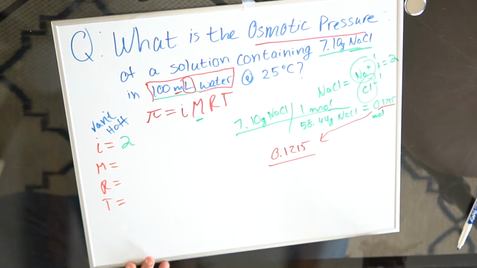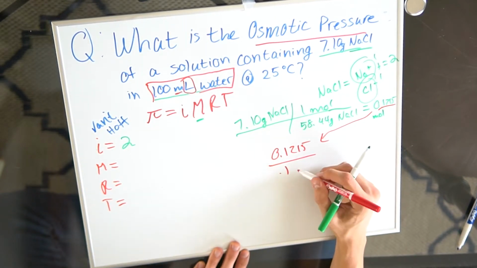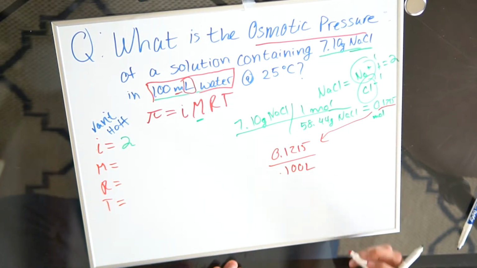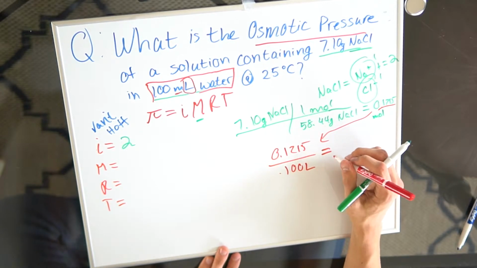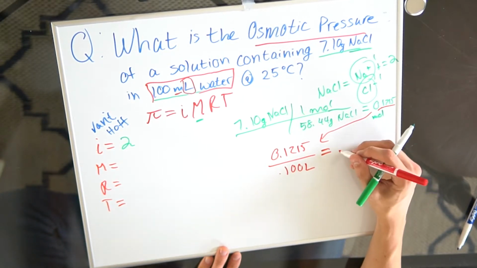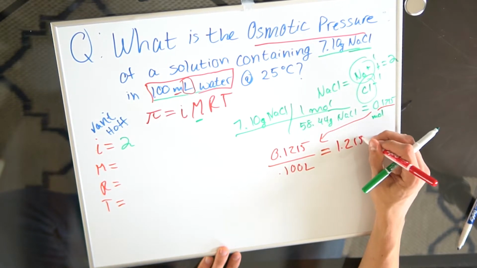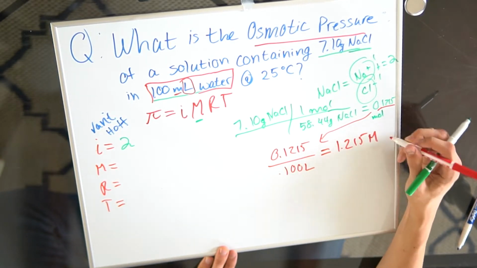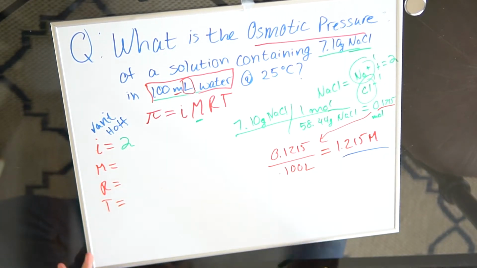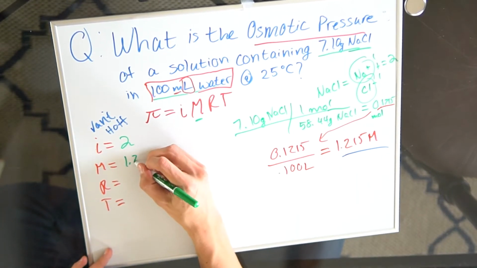So it's a simple conversion. There's 1,000 milliliters in a liter. So 0.1 liter. All right, just plug that in the calculator. That'll give you a value of 1.215 molarity. Okay, cool. So now we have our second value for the equation, 1.215.